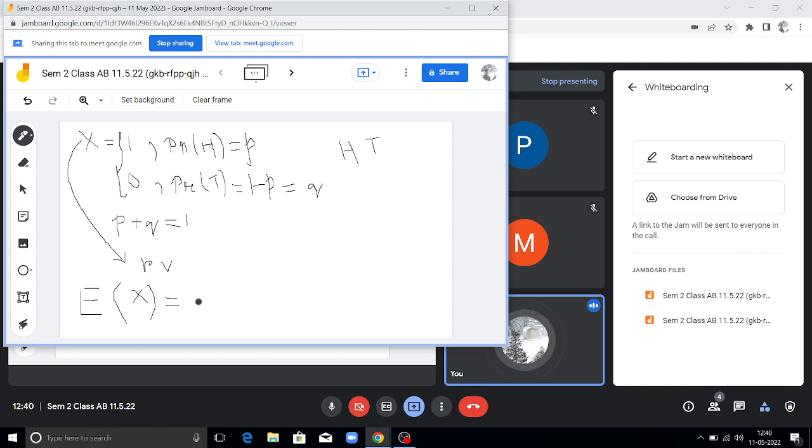We talk about capital X for theoretical type of distributions, and whenever it takes up a certain observed value, then we talk about small x. Okay, do not get confused. Wherever I am writing capital X, you have to write capital X, otherwise marks may be deducted.